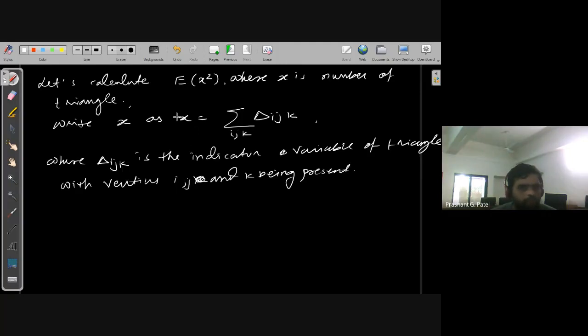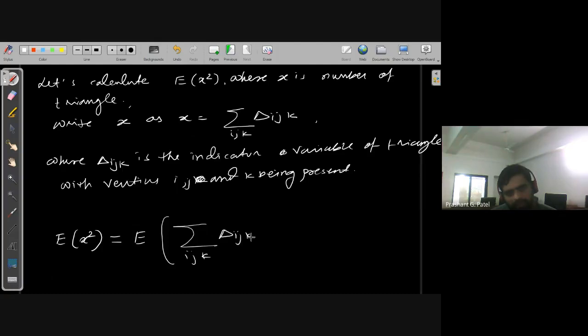So I need to calculate the expectation of this. That means e of x square, that means it is e of the summation over ijk of delta ijk, whole square.